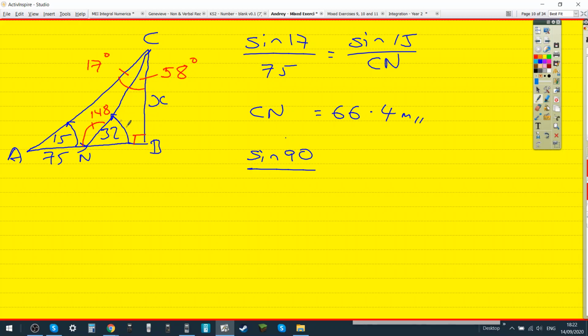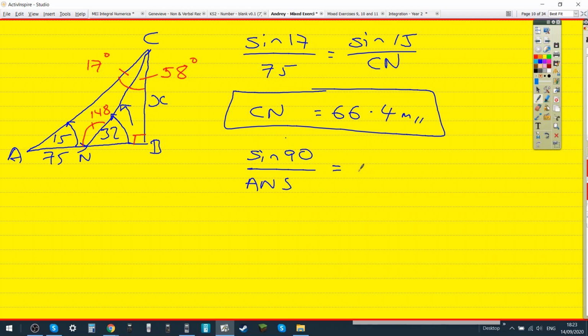Oh no, not 17. Sorry. Whatever that length is. This one? Yeah, it's this one. So sine 90 over 66.4 equals to sine 32 over x. Try that.